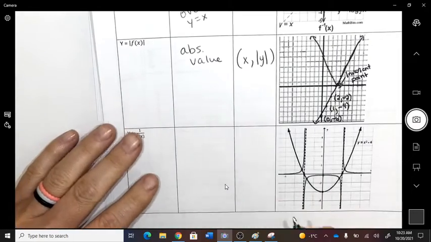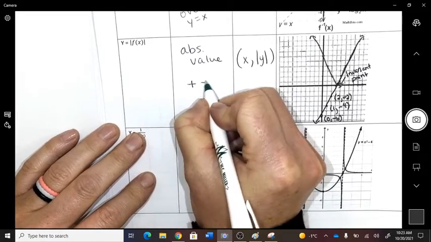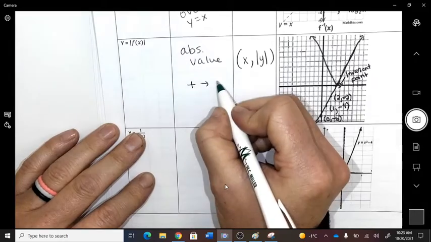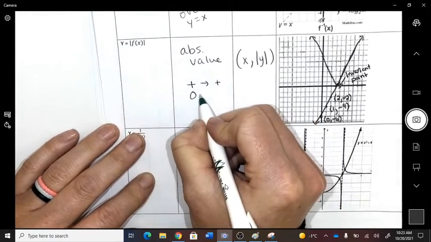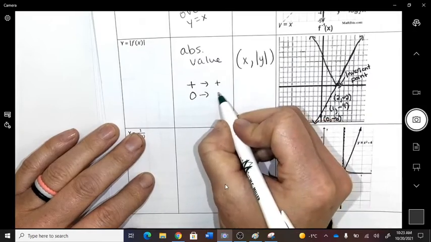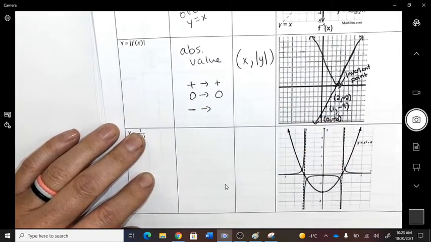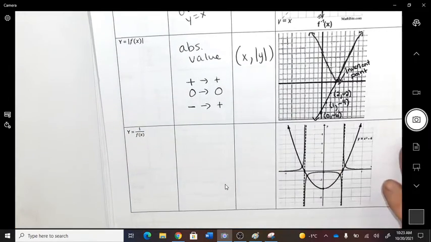Let's write some quick rules here. If we have a positive y, then we stay positive. If we have a 0, we stay 0. And if we have a negative, it changes. We don't want negatives.